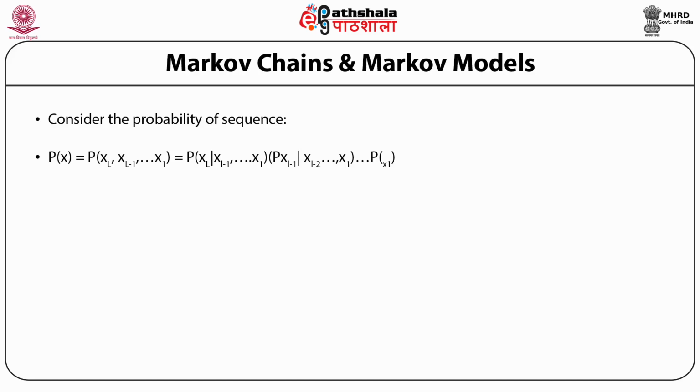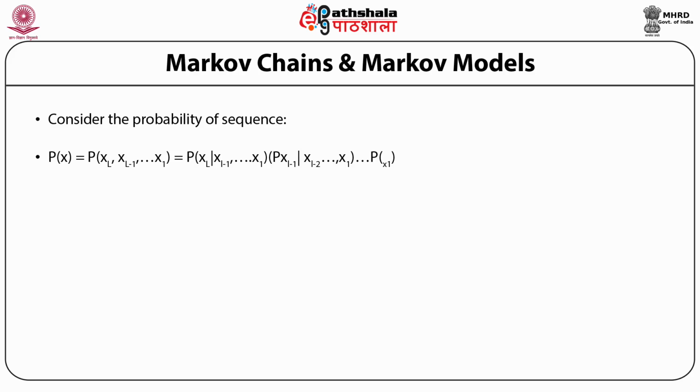So this I can write as a conditional probability, that this probability P of x now depends on the fact that at the Lth state I've got x, given that at L minus 1, L minus 2, L minus 3 until the first state I've gotten some symbol, right? And times the product that at L minus 1, whatever probability I've gotten, given whatever I've got at L minus 2, L minus 3 and so on and so forth.